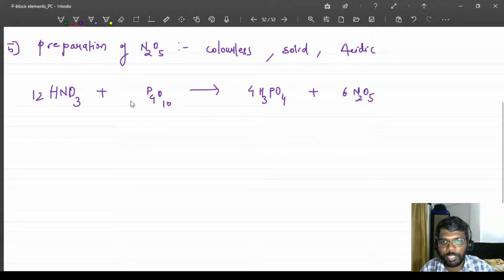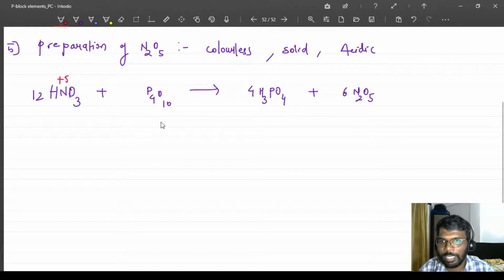Here the oxidation state of nitrogen in this case is plus 5, right? If we check the oxidation state of this, it is plus 5, the maximum value of the oxidation state of nitrogen. How can we proceed with this?